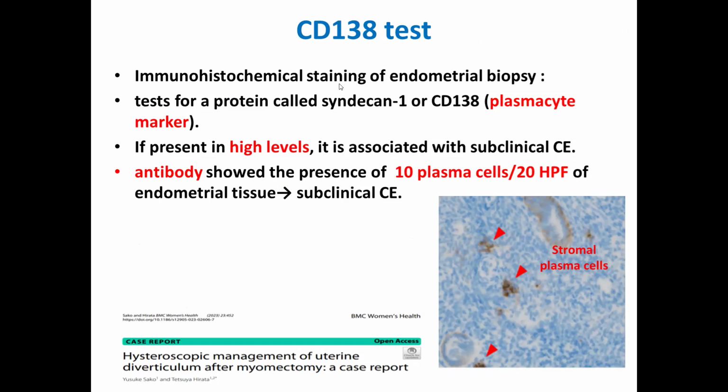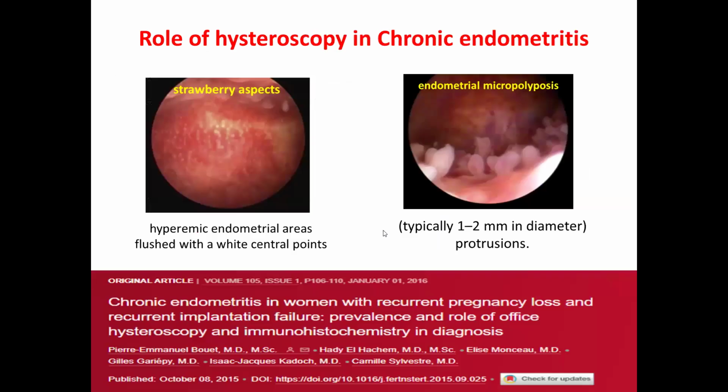And if this antibody shows the presence of 10 plasma cells in 20 high power fields, this is subclinical endometritis.